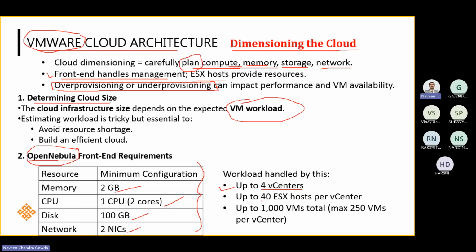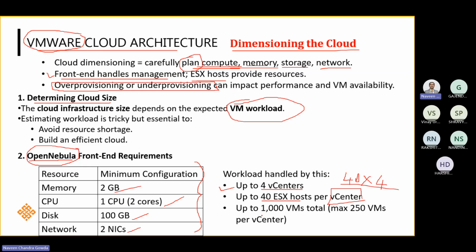It can handle up to 40 ESX hosts per vCenter. As I mentioned, you have 4 vCenters, and 40 ESX per vCenter means in total 40 times 4, so it can handle that many ESX hosts.